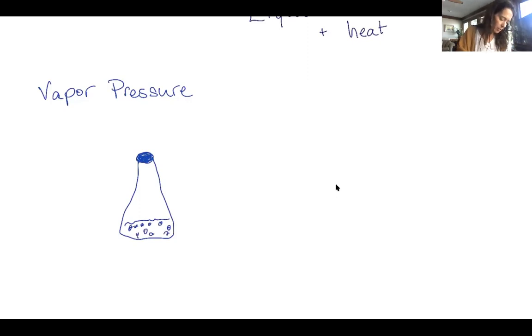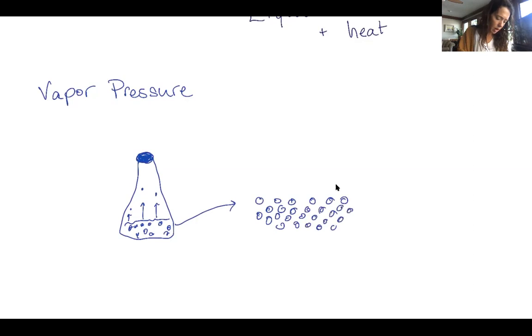You know that some of these liquid molecules are going to escape to the gaseous phase, right? It's going to be the ones on the top because they've got less holding them down. These are all the molecules that are loosely attracted to each other in my liquid.